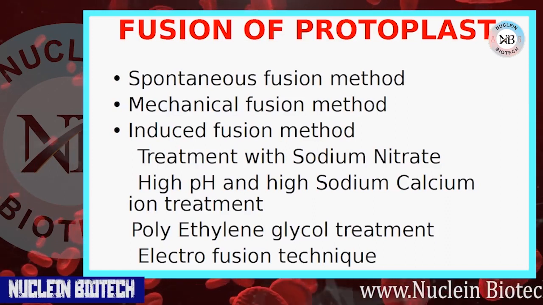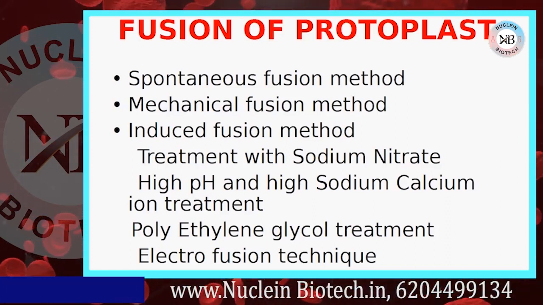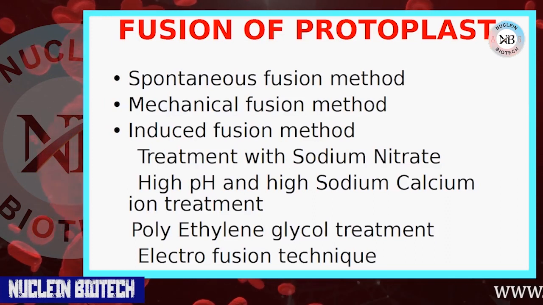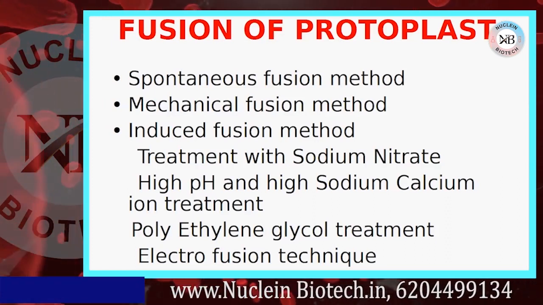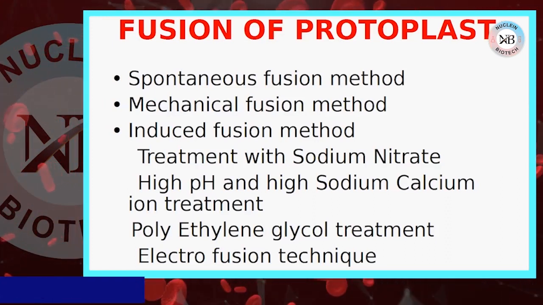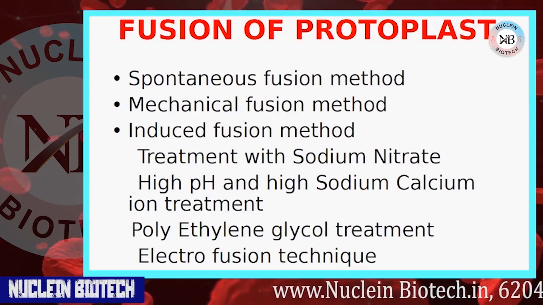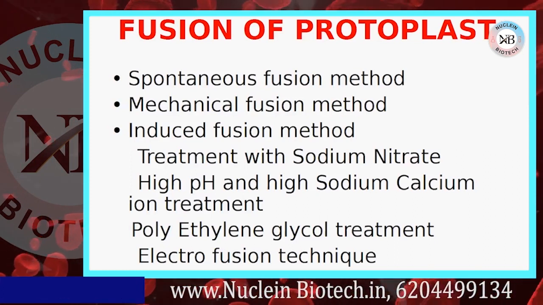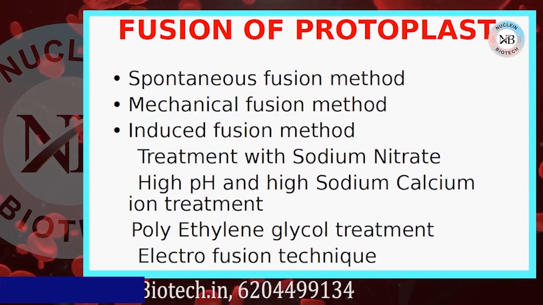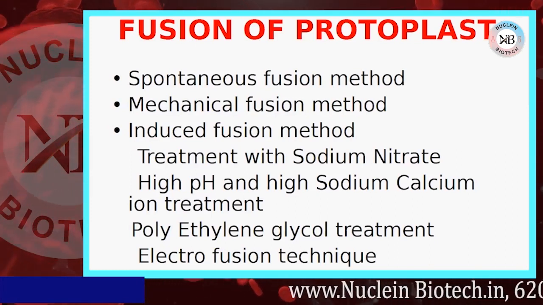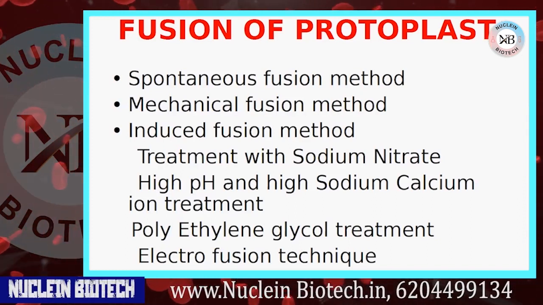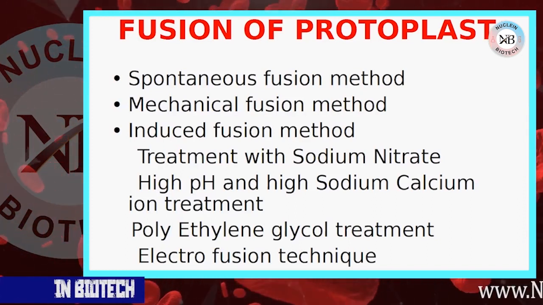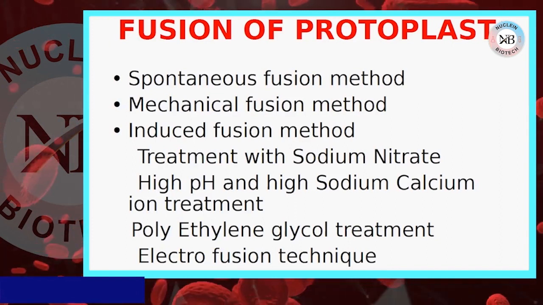Now first is the treatment with NaNO3 or sodium nitrate. This was first reported by Power et al. in 1970. In this, isolated protoplasts are cleaned with 10% sucrose solution and then transferred into 5.5% sodium nitrate solution.